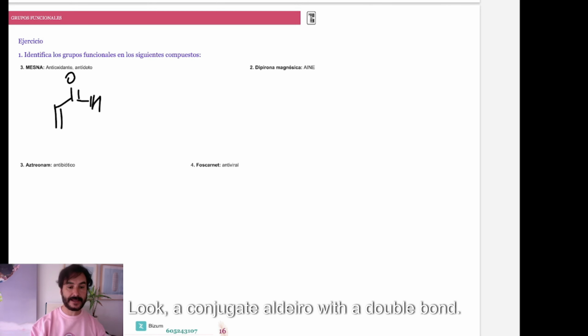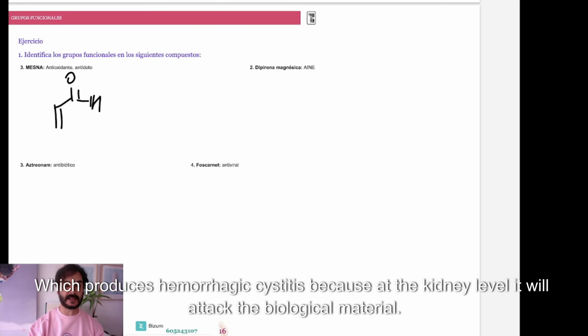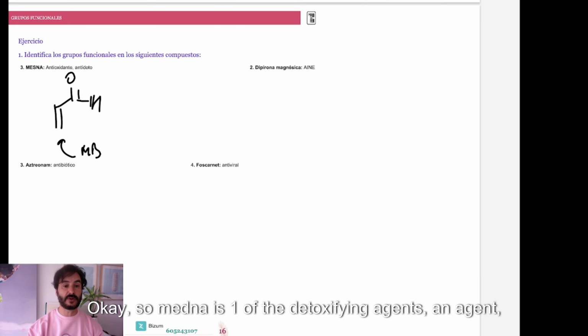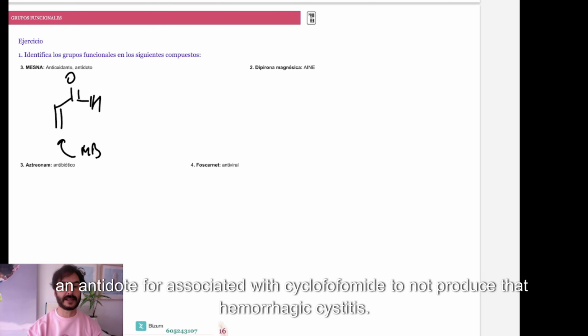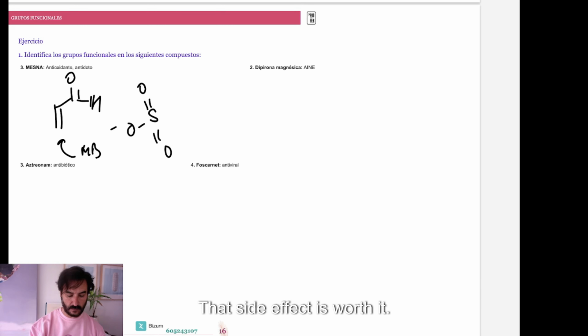Look, a conjugated aldehyde with a double bond, which produces hemorrhagic cystitis because at the kidney level, it will attack the biological material. So Mesna is one of the detoxifying agents, an antidote associated with cyclophosphamide to not produce that hemorrhagic cystitis. That side effect is worth it.